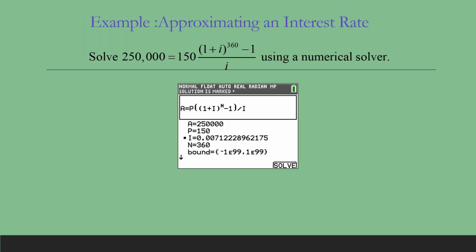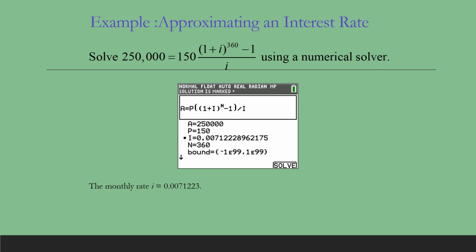You can also use the numerical solver in the graphing calculator, and you get the same answer. So you can easily use the graphing method or the solving method.